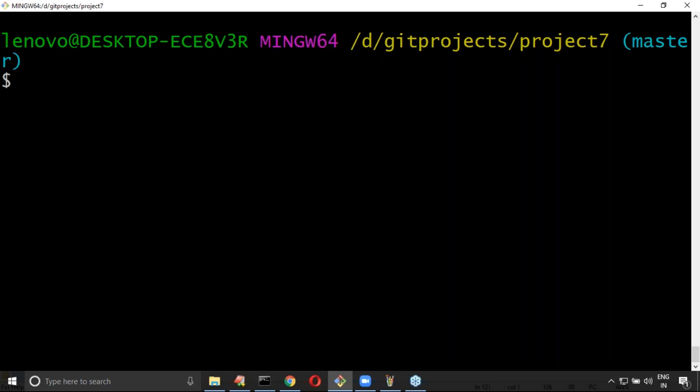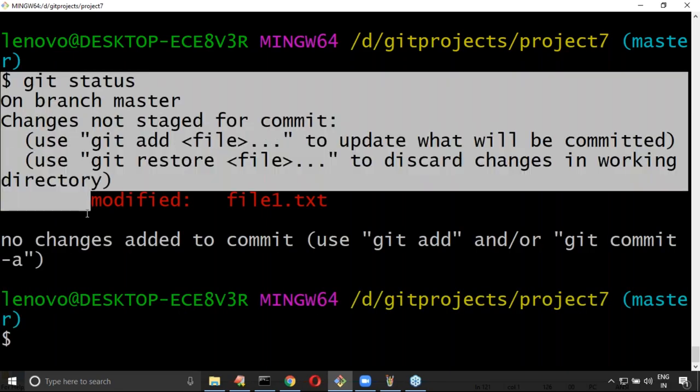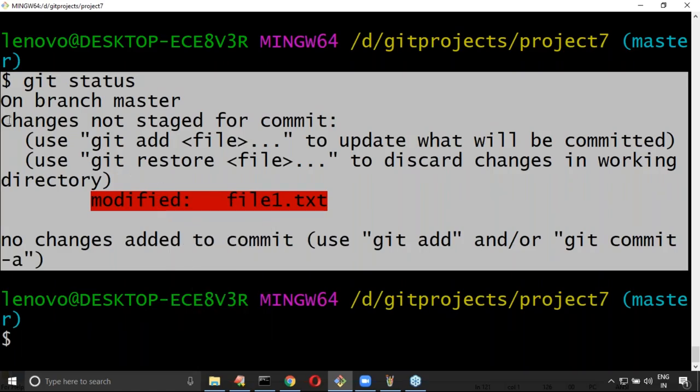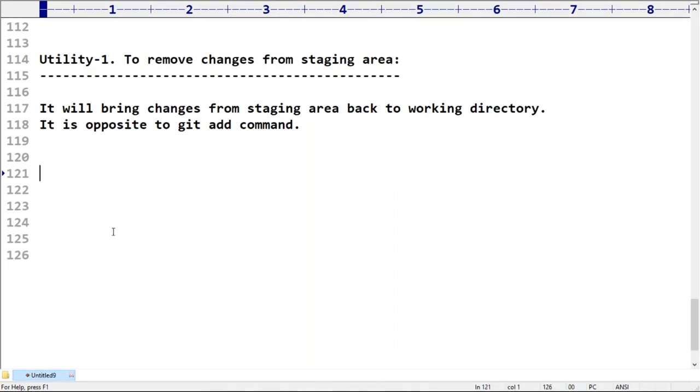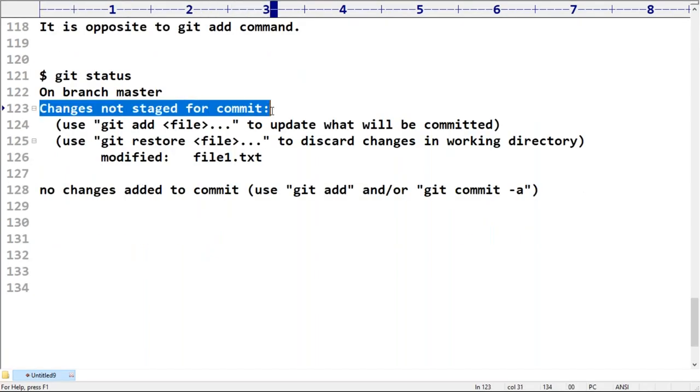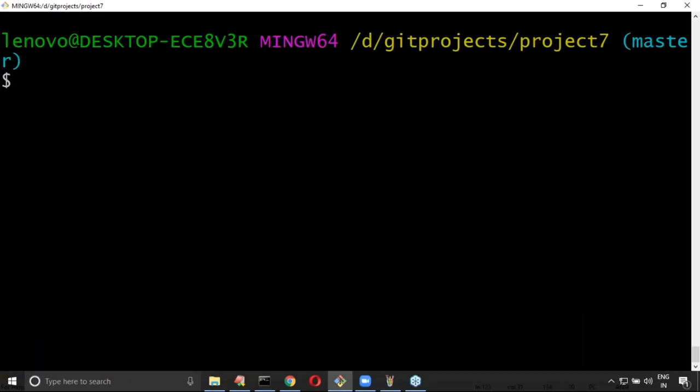No, no, no, because here you know already. What is the answer we are getting? Can you please confirm? It is modified, changes not staged for commit. Correct or not? Modified, changes not staged for commit. You didn't add these changes to the staging area, it is telling.